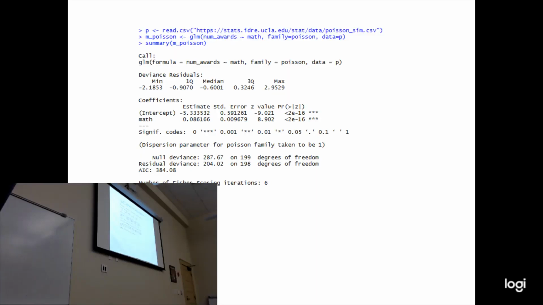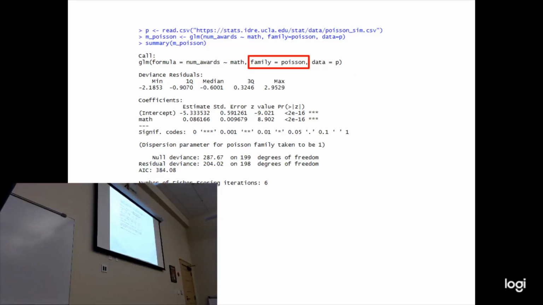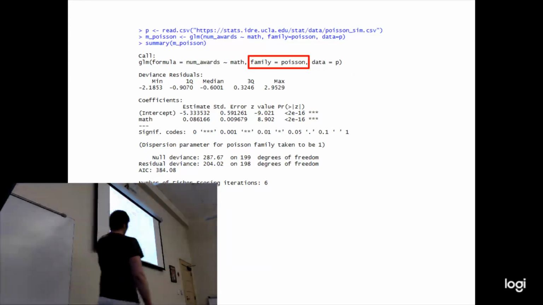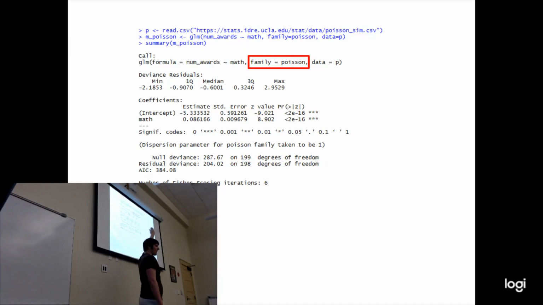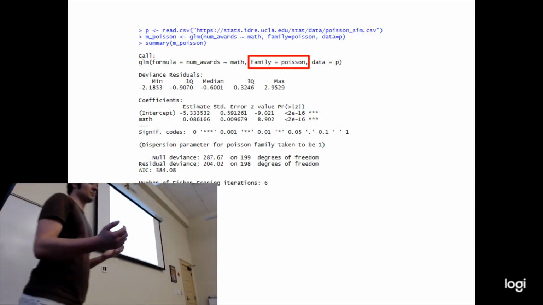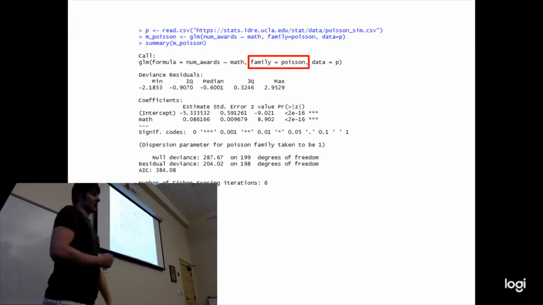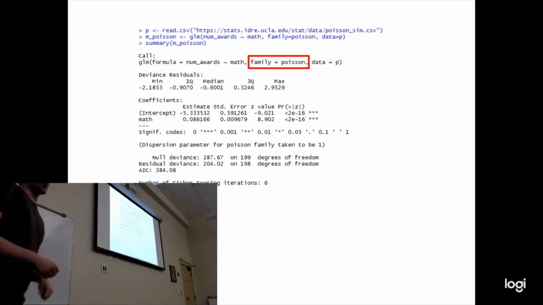It's the generalized linear model. The only thing that I've changed is I'm now putting something different in that family argument. So before I was saying family equals binomial, now I'm saying family equals Poisson. It's a great thing about the generalized linear model. You just switch up the family and the link, and you can analyze a new kind of data.